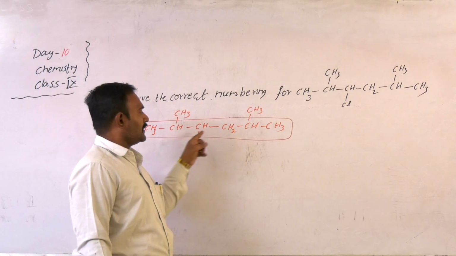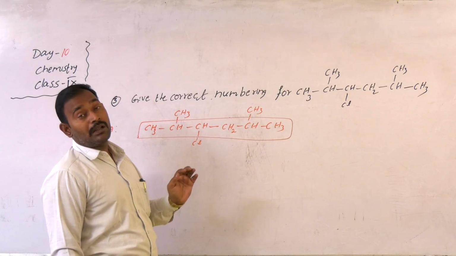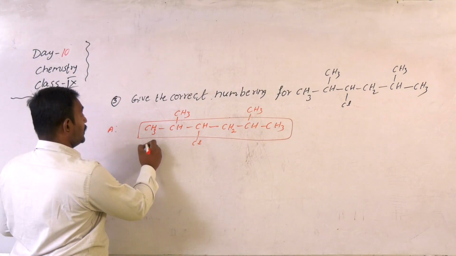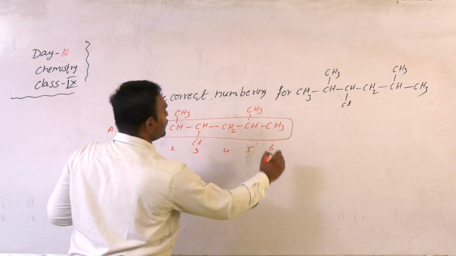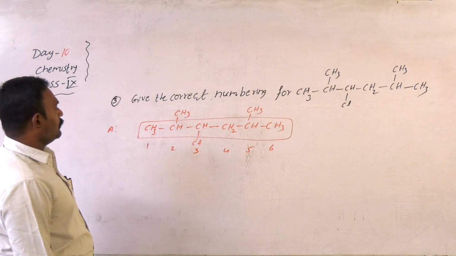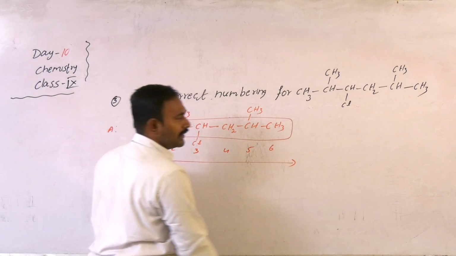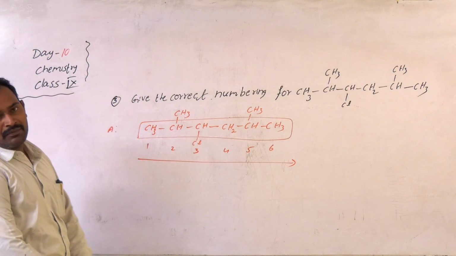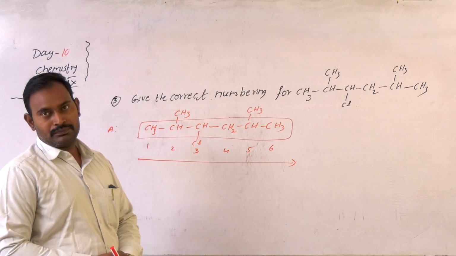If you come from this side, right to left, the chloro group comes at the fourth carbon atom. So the correct numbering is 1, 2, 3, 4, 5, 6 from left to right. At the same time, we have to cross-check the lowest sum rule also.